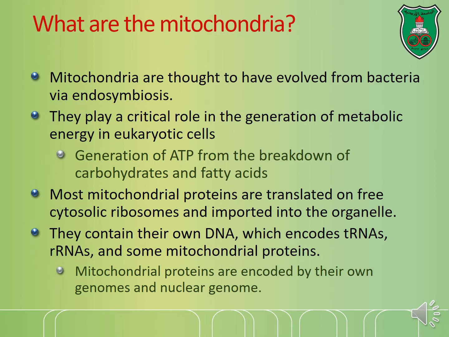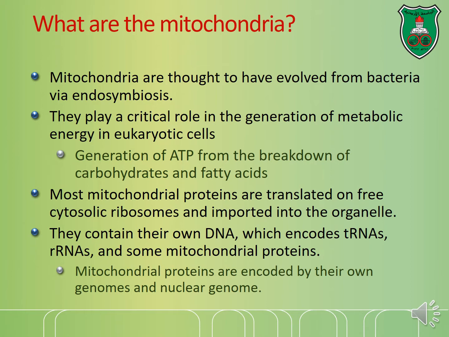Mitochondria are thought to have evolved from bacteria, and you would notice from the structure of mitochondria that they do look like bacteria and have bacterial features. The main function of mitochondria is generation of ATP via the electron transport chain process.